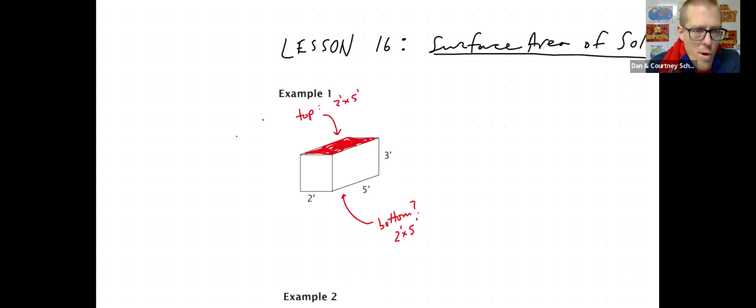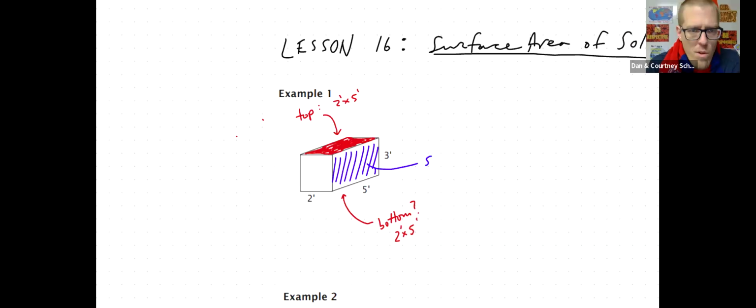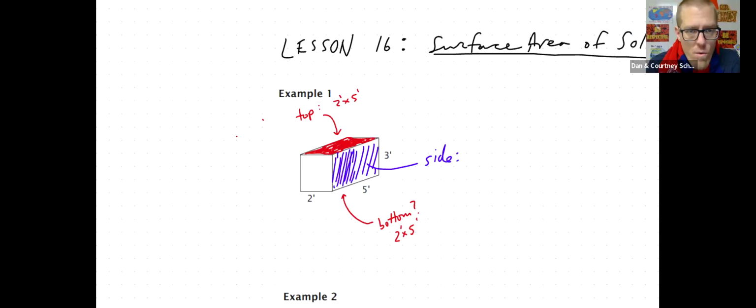How about the purple side? We'll just go stripy purple. Naras, what are the dimensions of the stripy side? 5 and 3. Yes. So how would we find the area of all this purple? We would multiply what and what? 5 times 3.